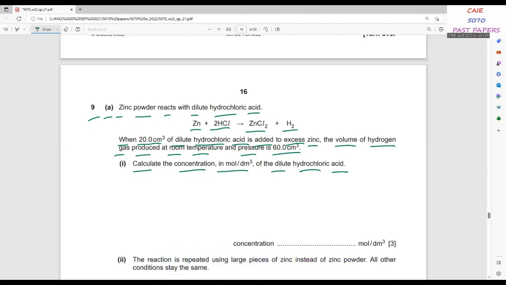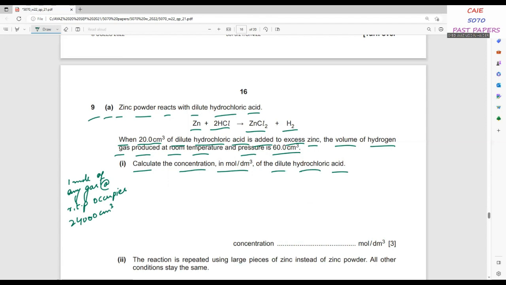First of all, we need the moles of hydrochloric acid. In order to get the moles of hydrochloric acid, we need the moles of hydrogen gas produced, which is 60 centimeter cube. You know that at RTP, that is room temperature and pressure, 1 mole of any gas occupies 24,000 centimeter cube.